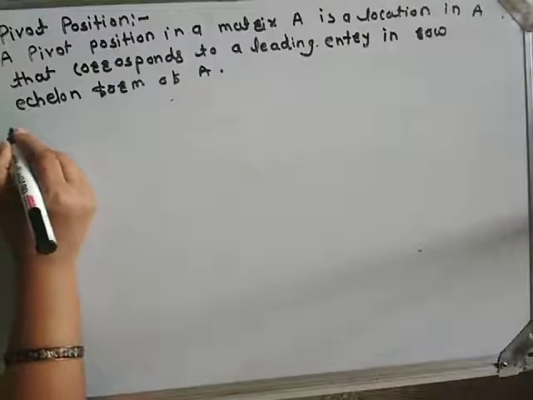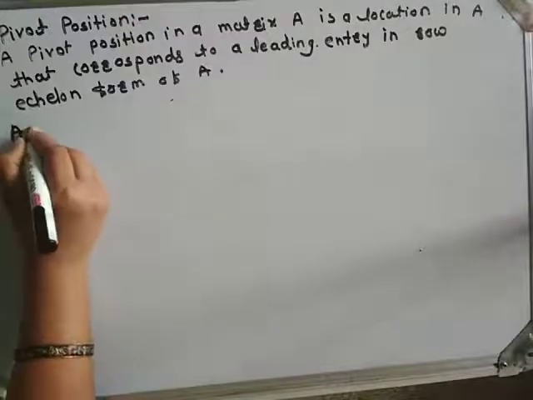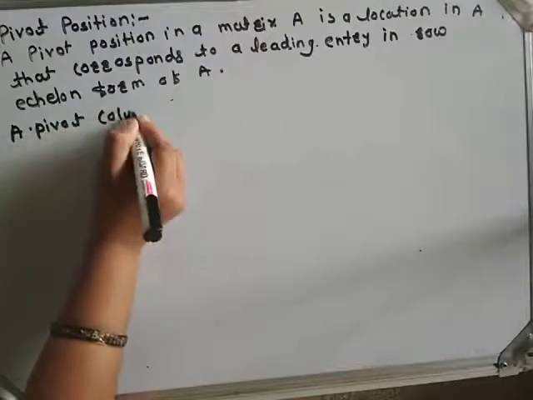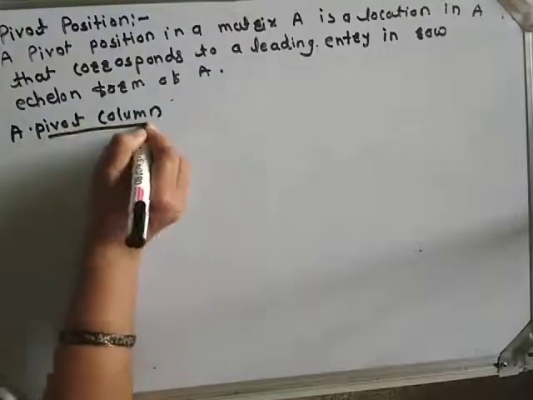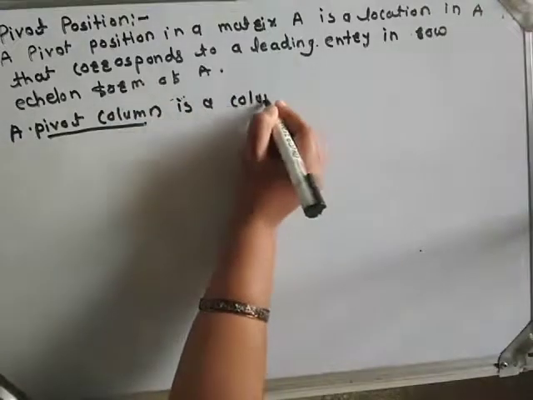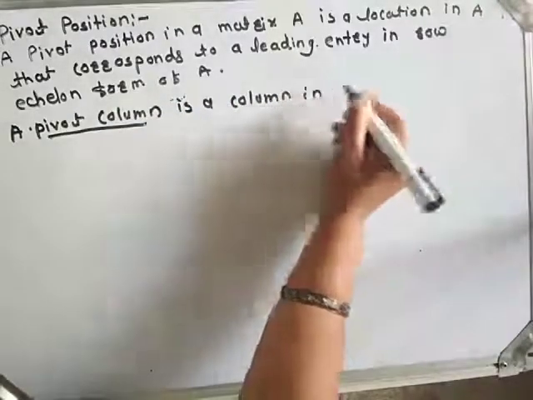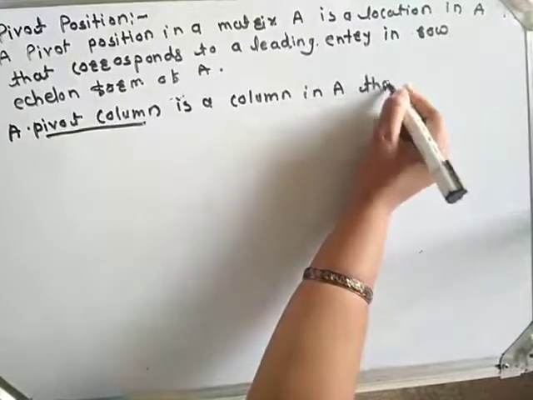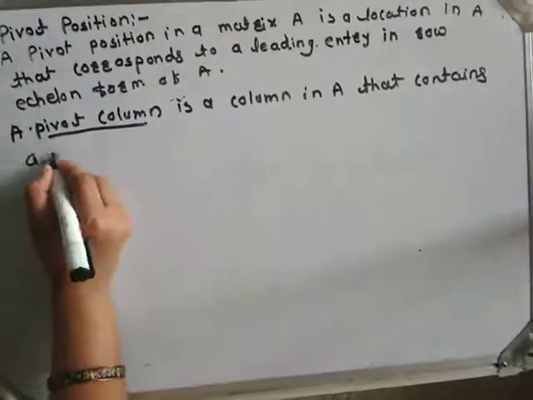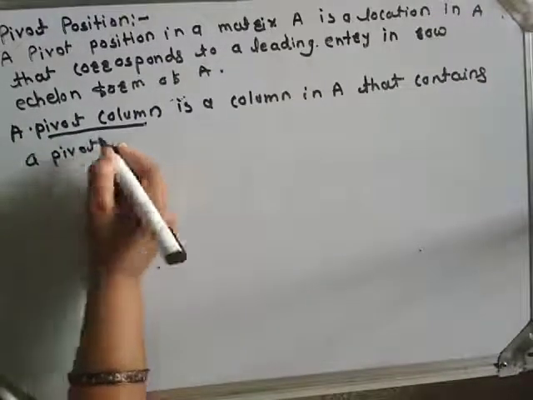And next definition is pivot column. A pivot column is a column in A that contains a pivot position.